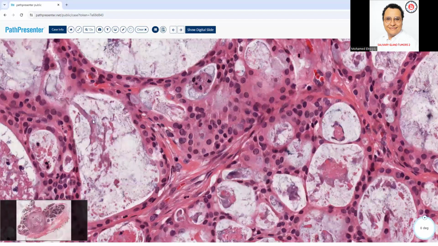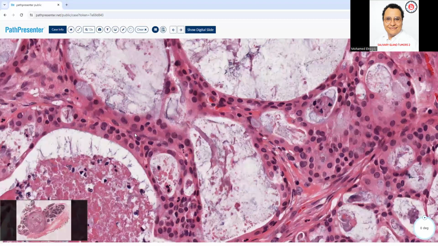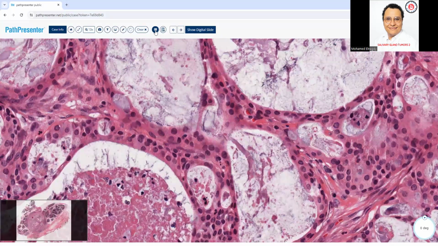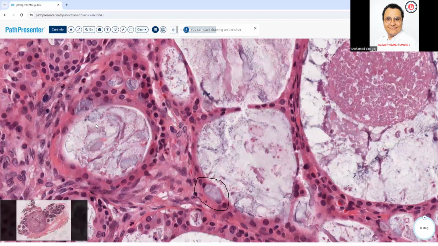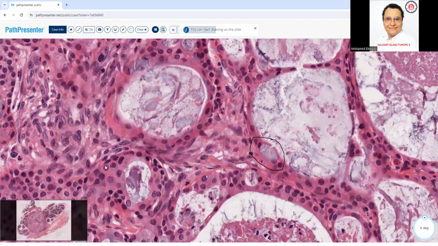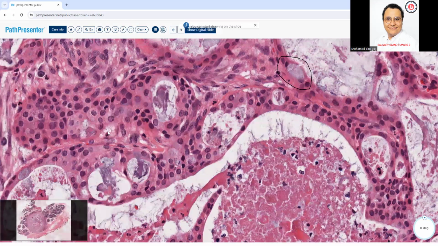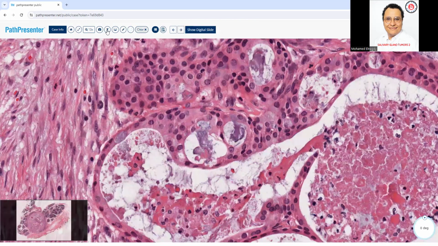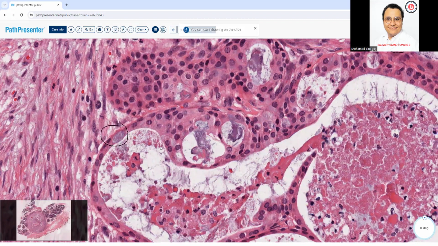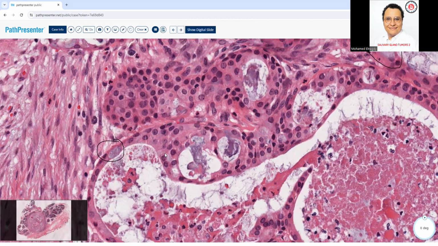When we look around, you'll see that it's repeating itself. The cells are repeating themselves. Especially on the border with these secretions, you have a lot of cells with intracytoplasmic mucin.